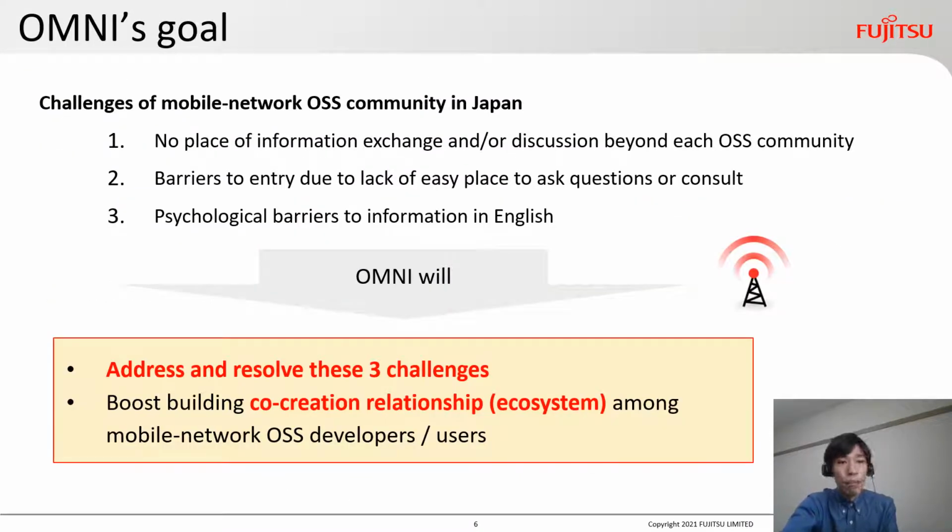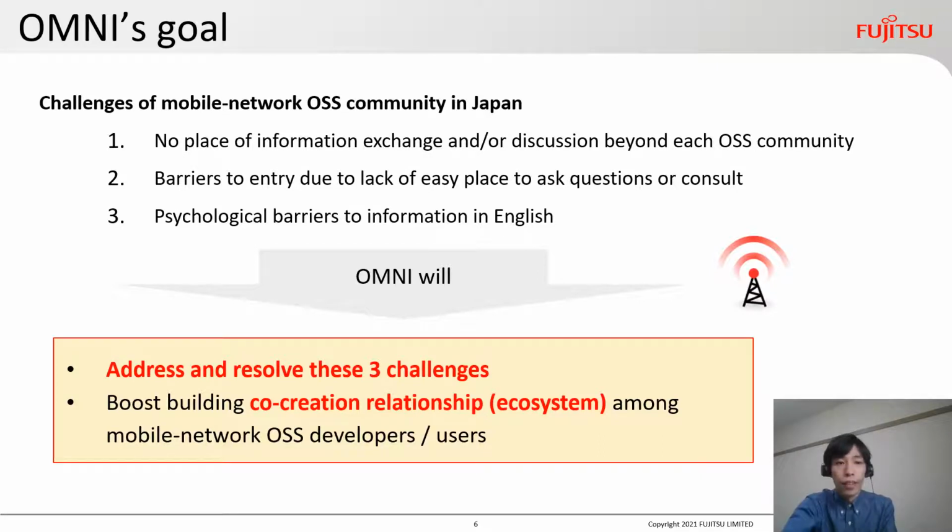When you see mobile network open source software community in Japan, we can find three challenges. First, we have no good forum to exchange information and discuss across open source software communities. Second, we have no better place for newbies to consult or ask questions with domestic engineers.